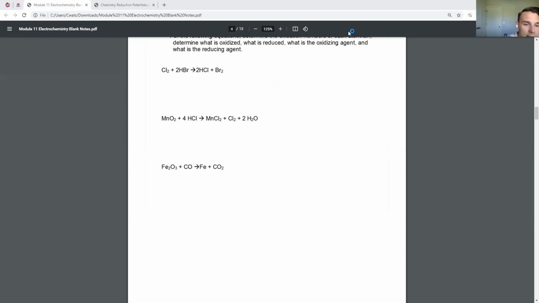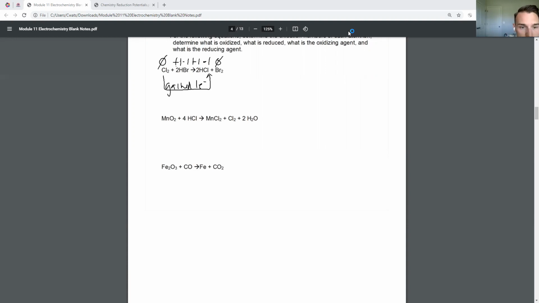So chlorine, that's its elemental state. It's going to be 0. Hydrogen's +1, so that means bromine must be -1. Again, hydrogen's +1, chlorine's -1, and then bromine in its elemental state will be 0. And so what changes? Chlorine goes from a 0 to a -1, so it gained 1 electron.